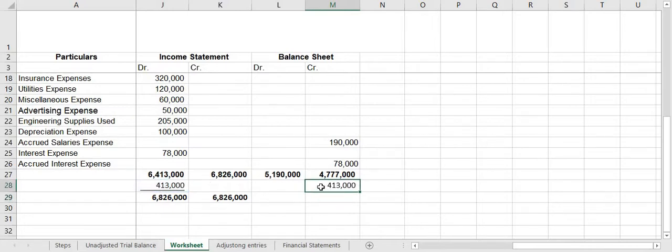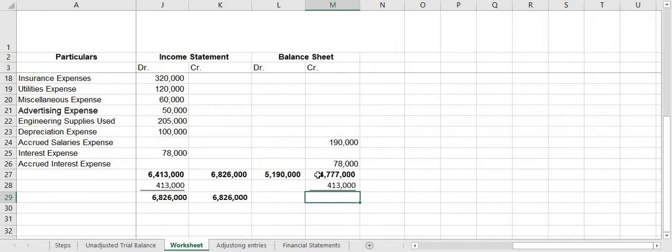Ayan. So let's add. Okay. Let's add. So dapat yung sum ng itong dalawang to should equate with the balance of the debit portion of the balance sheet column. So again, dapat yung sum dito should be 5,190,000.